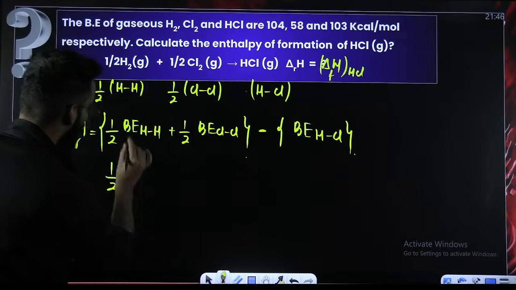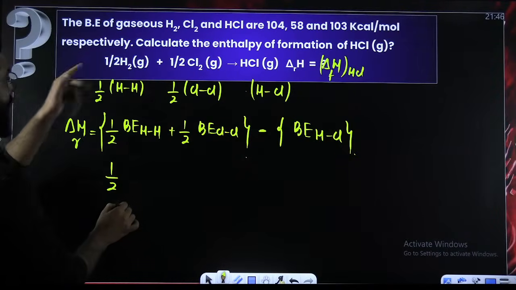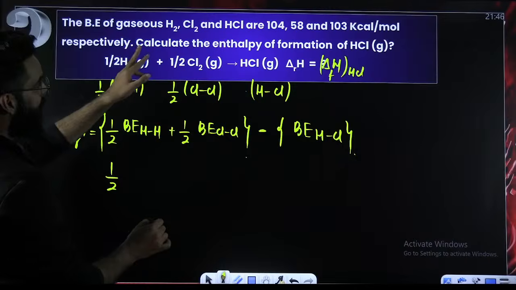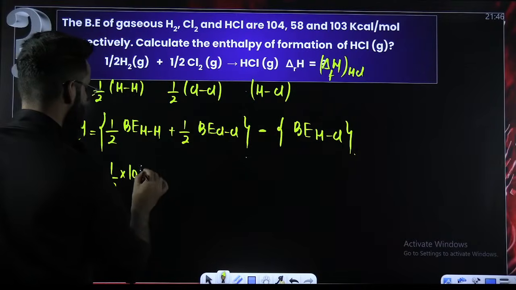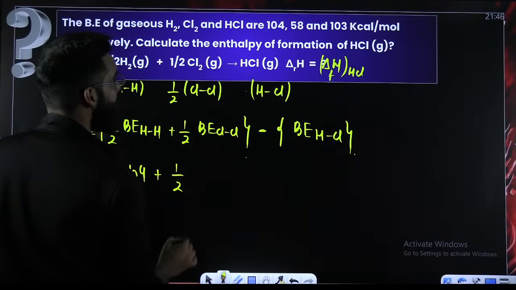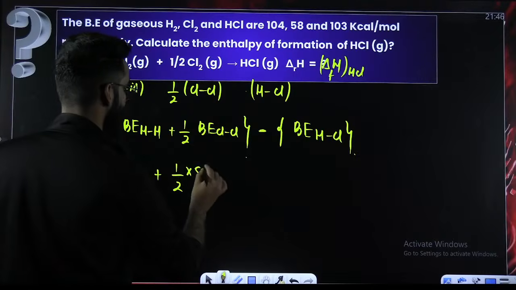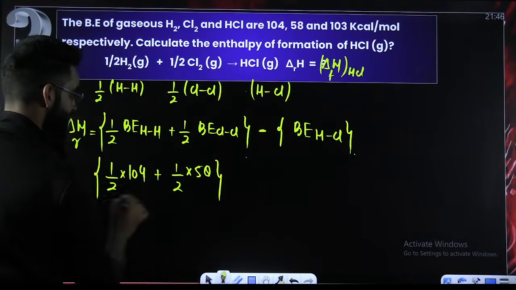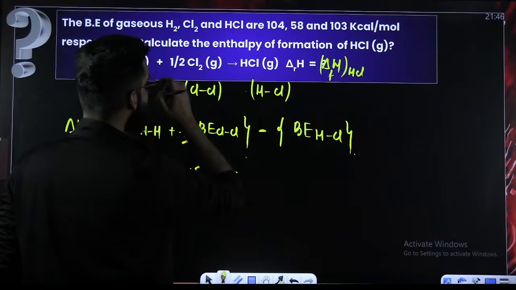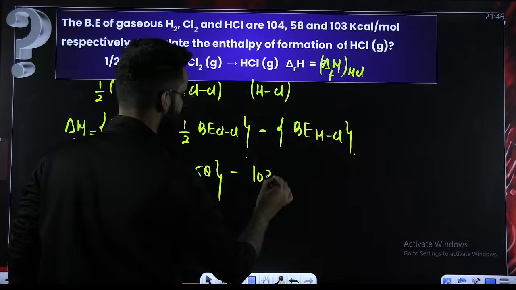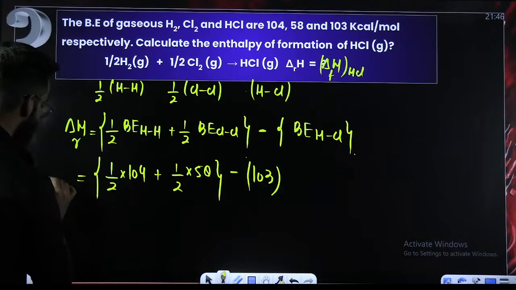This is half of the bond energy of H-H. The bond energy of gaseous H-H is given as 104. So this is 104 plus half of Cl2, which is 58, minus HCl. HCl is 103. Right? Solve it.